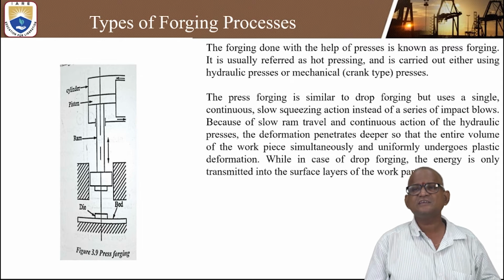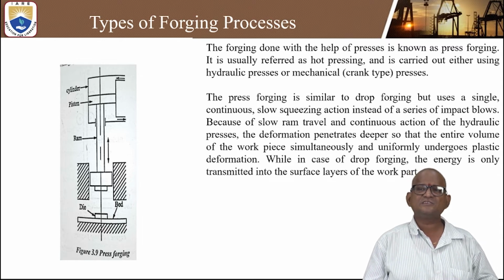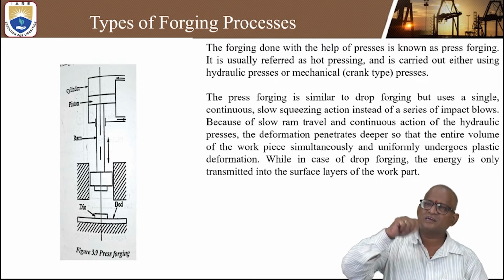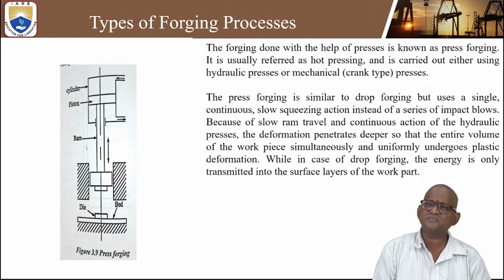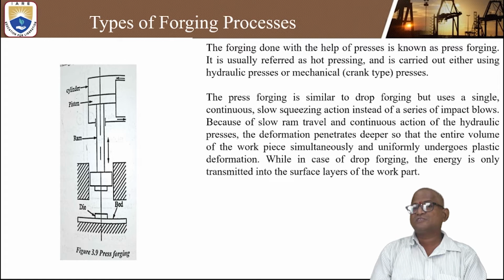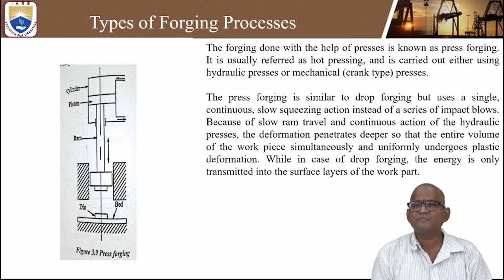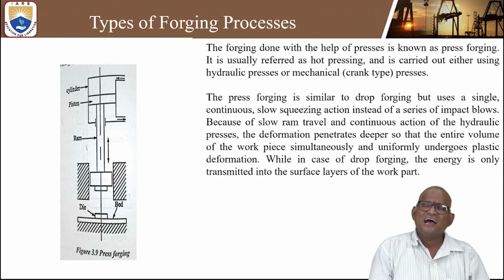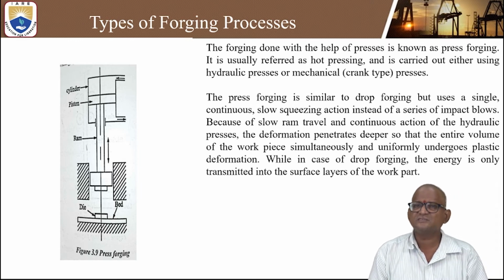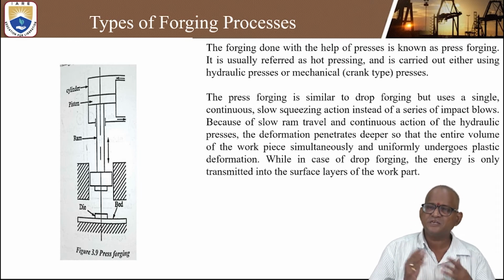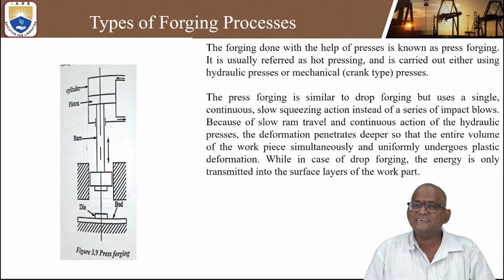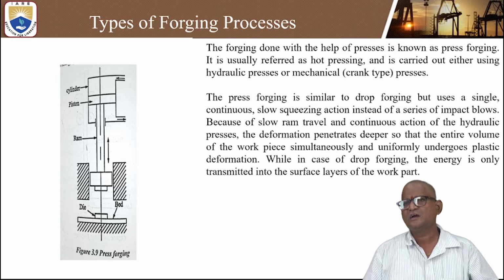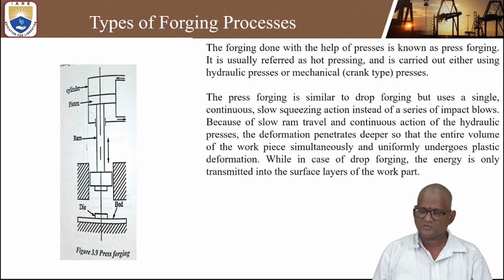The only thing is here we use a single continuous slow squeeze action, instead of a series of impacts at low pressures. The ram travels slowly with continuous hydraulic action, so the deformation penetrates deeper and the entire volume of the workpiece simultaneously and uniformly undergoes plastic deformation.